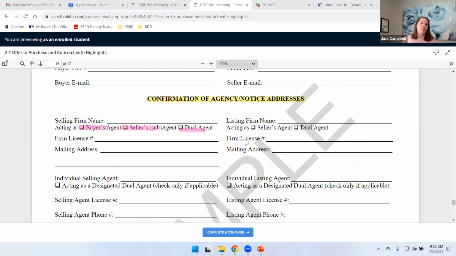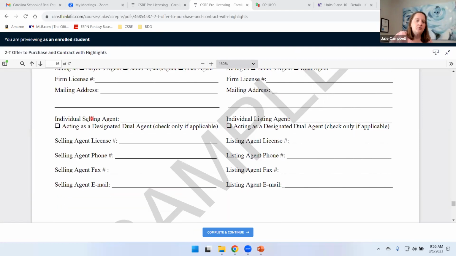Is the selling firm acting as a buyer's agent, a seller's sub-agent, or a dual agent? The firm's license number, mailing address. And then we're going to list the individual selling agent, whether or not they're acting as a designated dual agent, and then our contact information. So your license number, phone number, fax if applicable, and email.